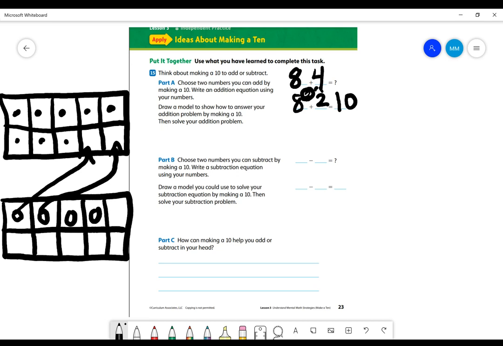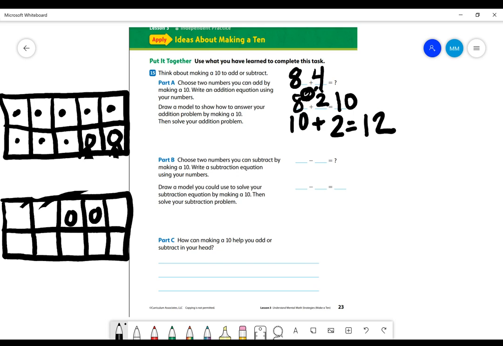And when I do that, I can erase that. And then I have a group of 10 plus 2 extra ones. So 10 plus 2 made 12.